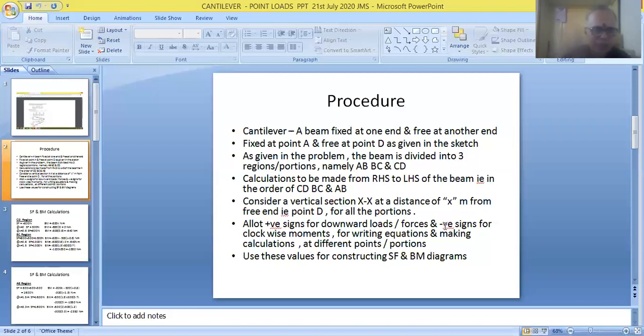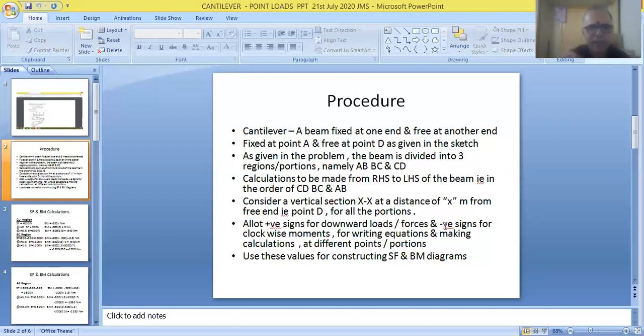So in this problem, my dear friends, all the forces are acting in downward direction. So allocate positive symbols. And all the moments, because of downward forces, are acting in clockwise direction.